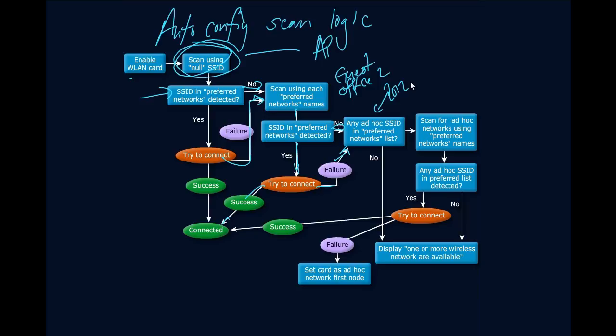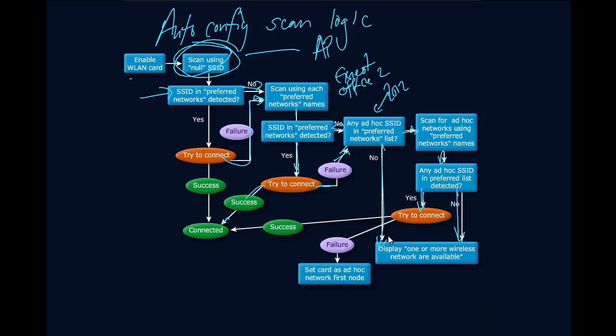What's going to happen is once we've scanned for those ad hoc networks, if I find an ad hoc network SSID on the preferred list, I'm going to try and connect. If not, we're going to do this, okay?